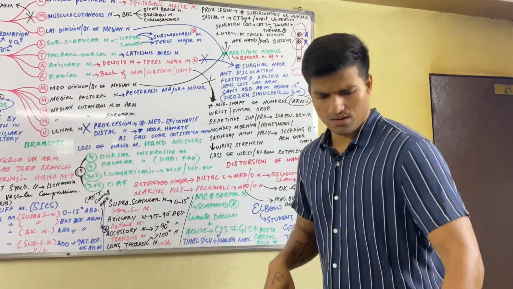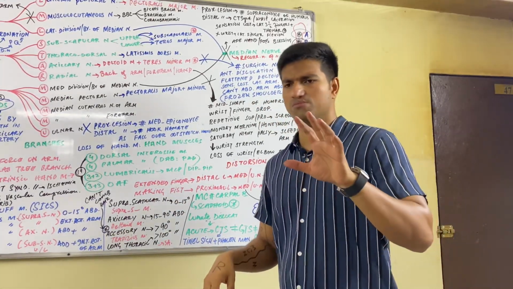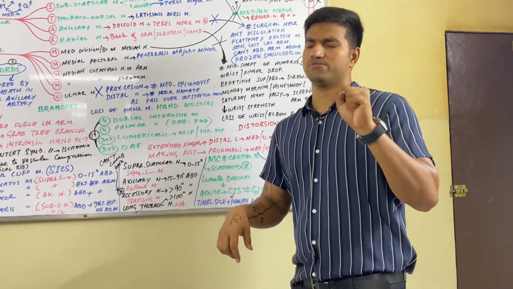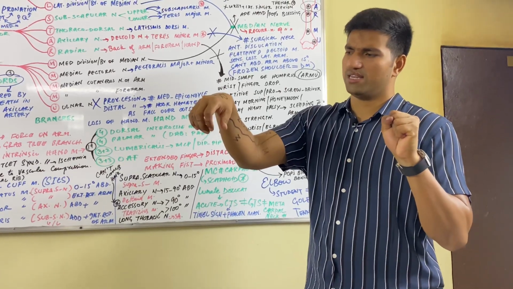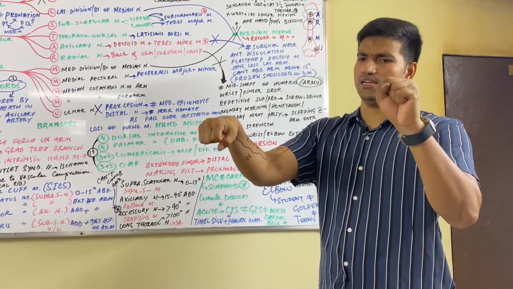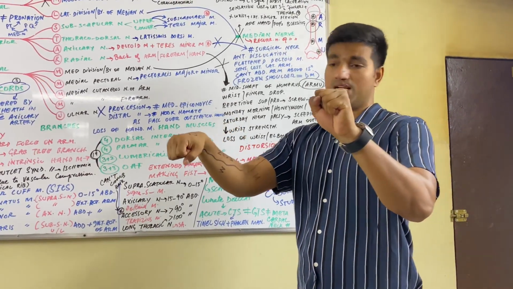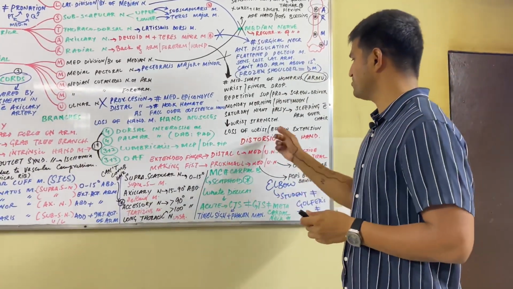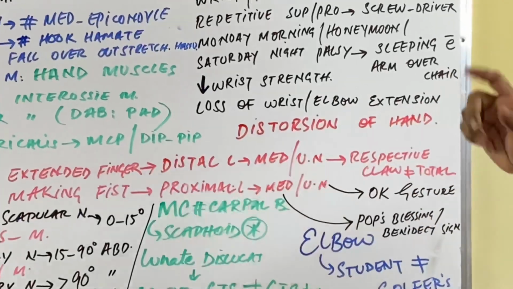You can see like this. If someone has a normal wrist or extended fingers, they have more grip, more strength. If someone has wrist drop, they cannot have the strength of the extended wrist joint on the left side. Then there is loss of wrist or elbow joint extension.